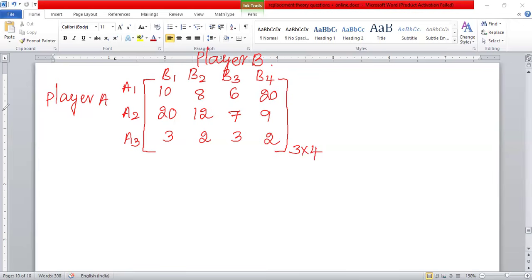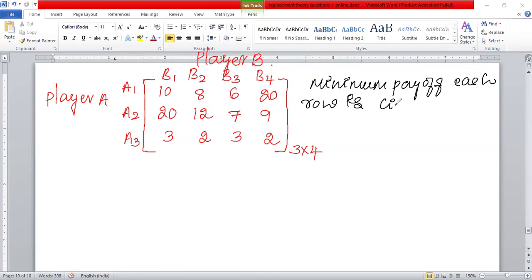So let me start the solution. The first step: minimum payoff of each row is circled.